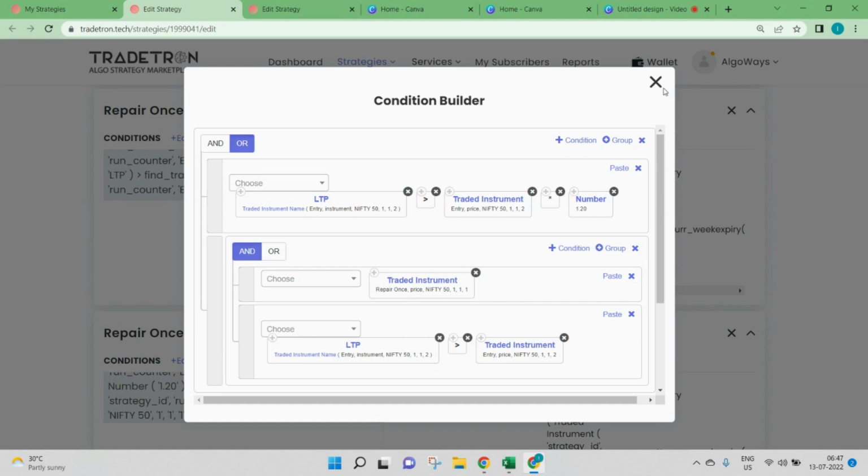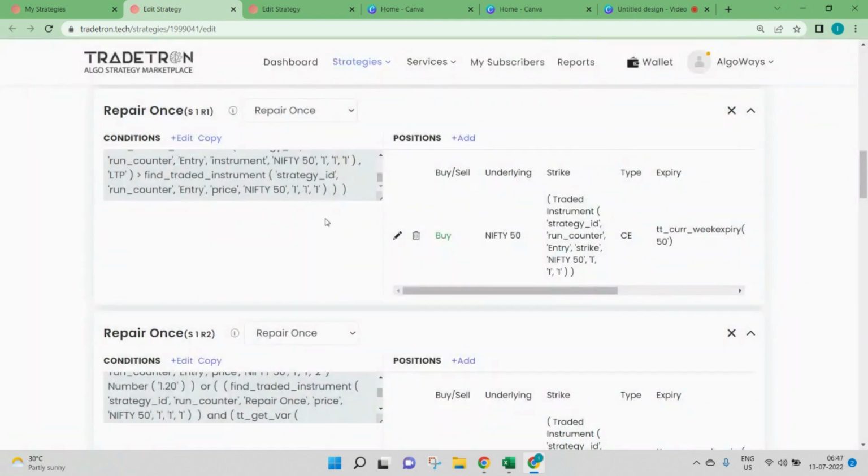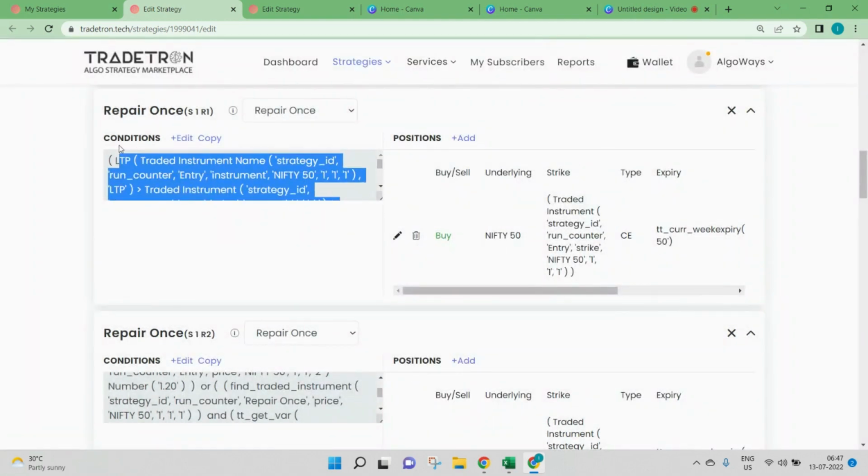So this is the way we are shifting the stop loss to cost in case the other leg has exited. So we had put the condition here that if the current price of call option goes above 20% of the entered price, we exit the call option.